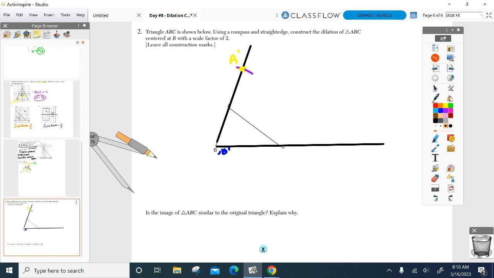Open up your compass the length of BC. Open it up to BC. There's C prime.